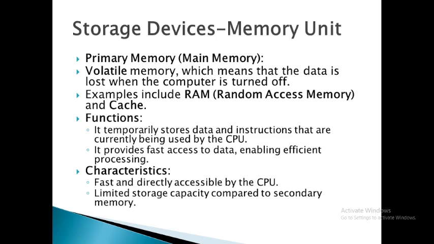The characteristics of the primary memory include fast and direct access by the CPU, but the limitation is that the storage capacity, as compared to secondary memory, is very limited or very small, meaning it cannot hold large data.